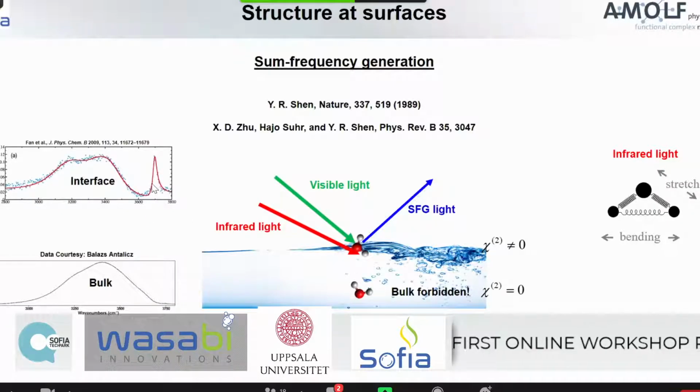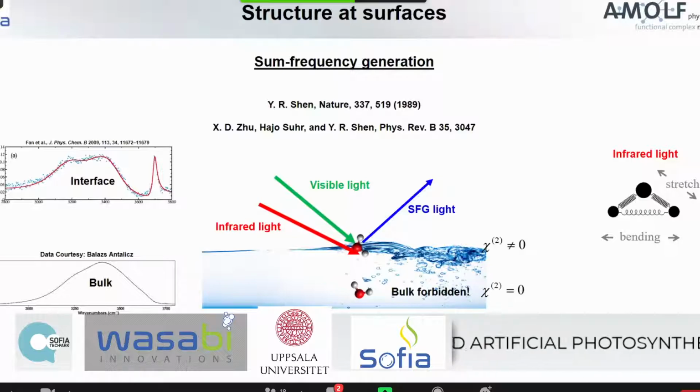So this free OH corresponds to this high frequency mode, which is absent in the bulk, because in bulk, water molecules are talking to other water molecules. So the power of the technique is so amazing that you get surface-specific information, and you can talk about vibrations which are not coupled as well.